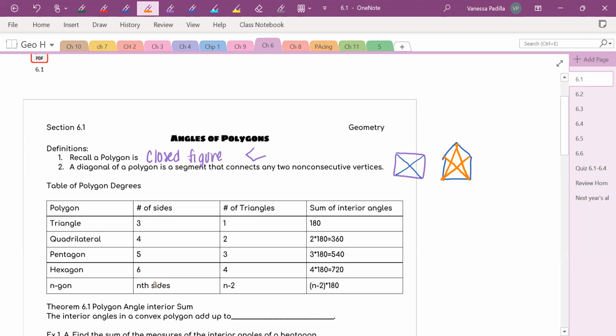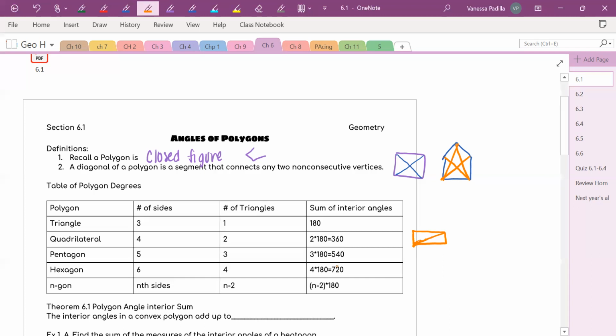And if we kind of break up things into triangles, so if we have a quadrilateral, that would be like a square or a rectangle. If we break it up into 2 equal pieces, then it would be 2 triangles. So the degree of it is just 2 times 180. A pentagon could be split up into 3 triangles.